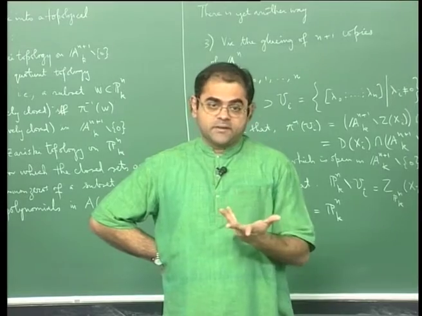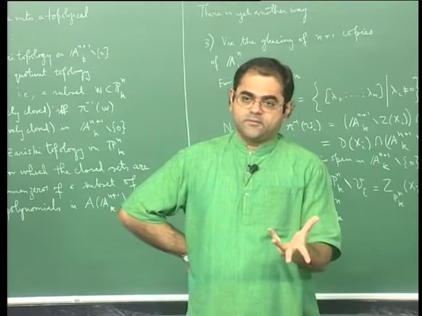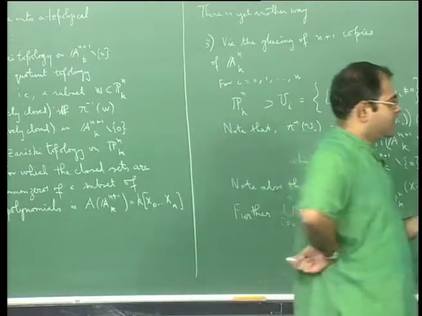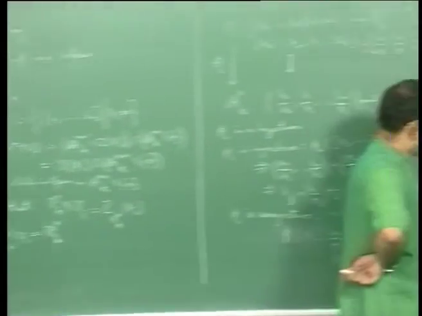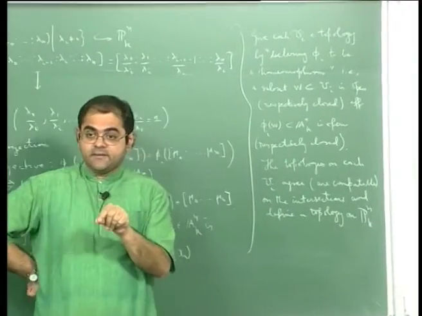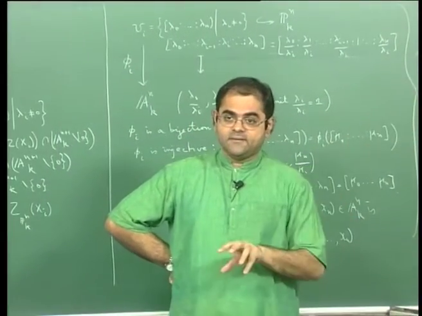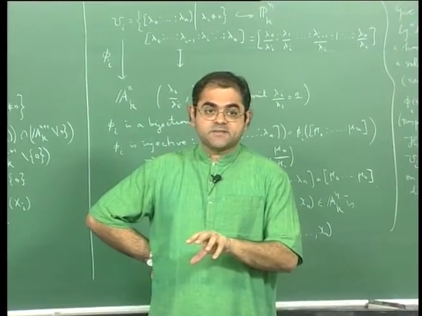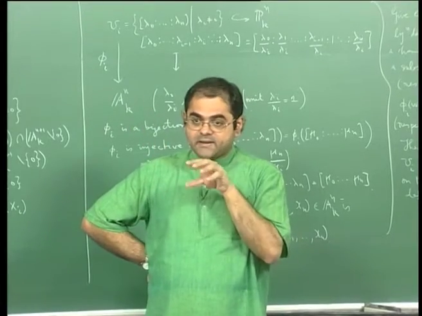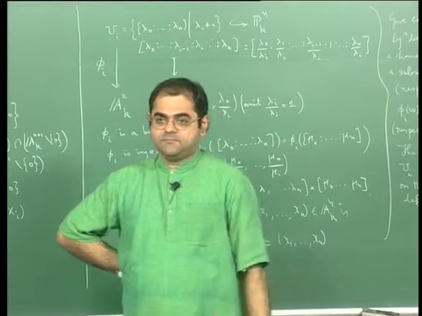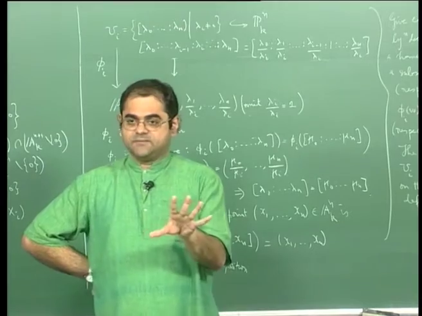Such a thing should not happen, it will not happen, that is the compatibility you have to check. Okay. So in other words, UI intersection UJ has a topological subspace structure from UI, it also has a topological subspace structure from UJ, and my claim is that these two are the same. That is what has to be checked.